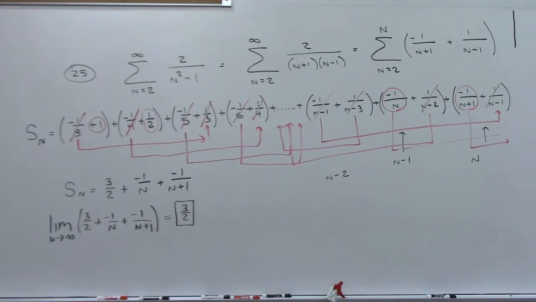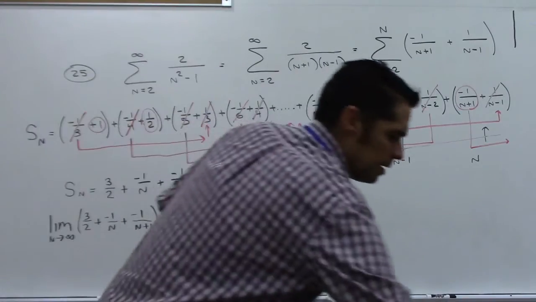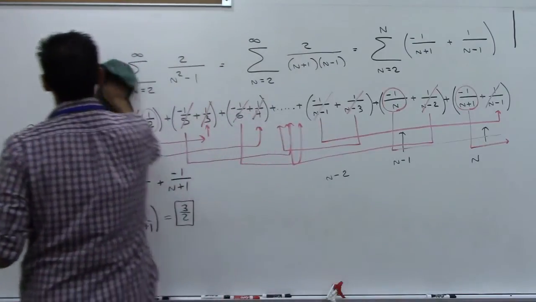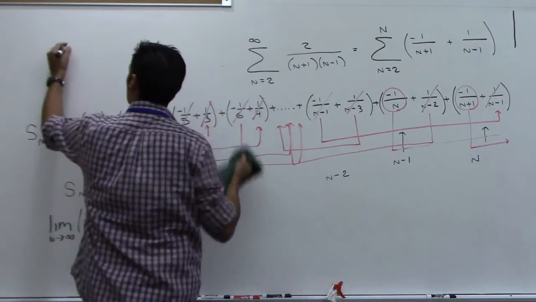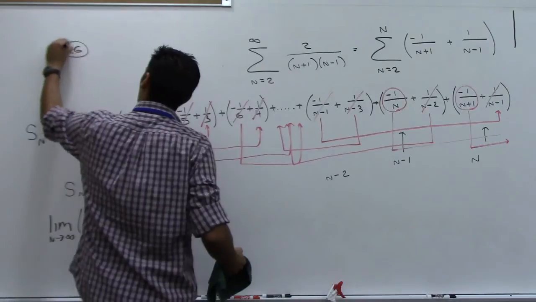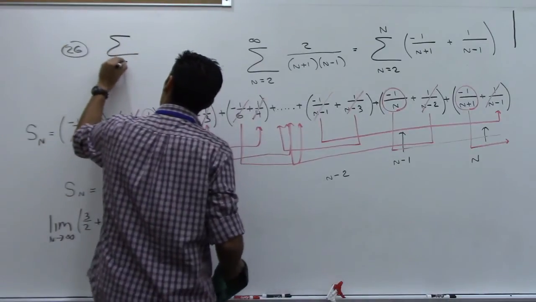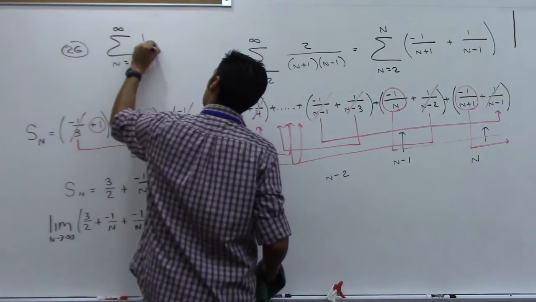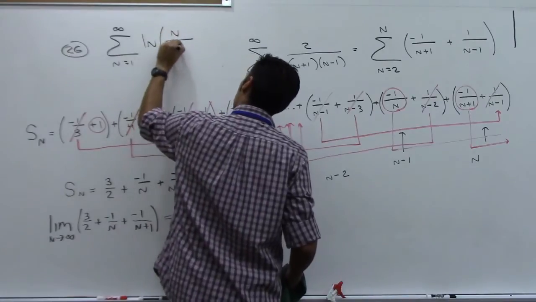Let's look at 26. Sum from 1 to infinity of natural log of n over n plus 1.